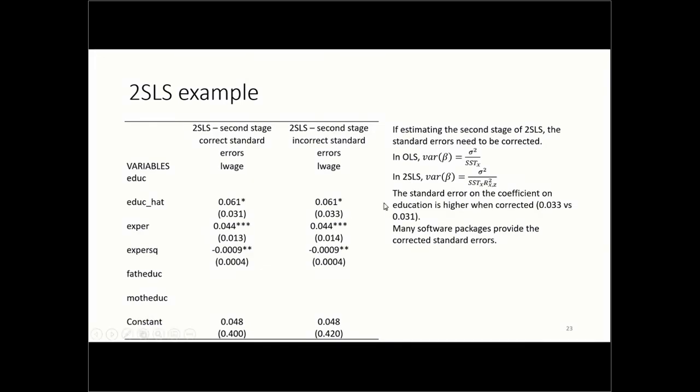For the two-stage least squares, we need to use this formula to correct for the errors, and then we have that the standard errors are higher when they're corrected. So many software packages would provide the corrected standard errors for the two-stage least squares.